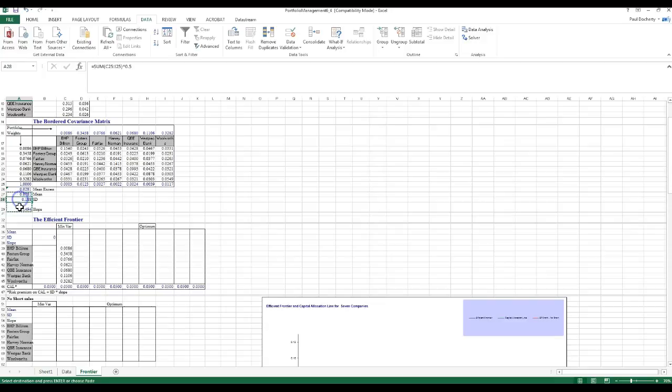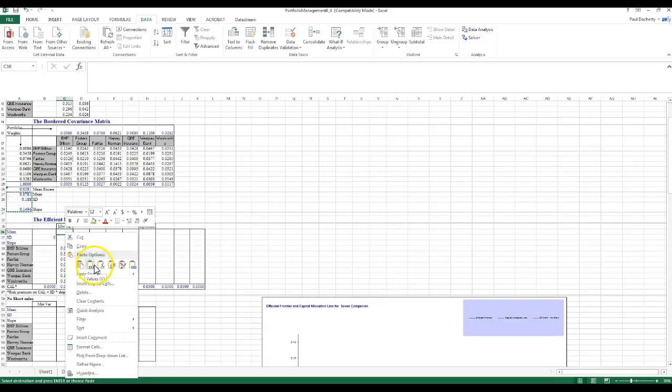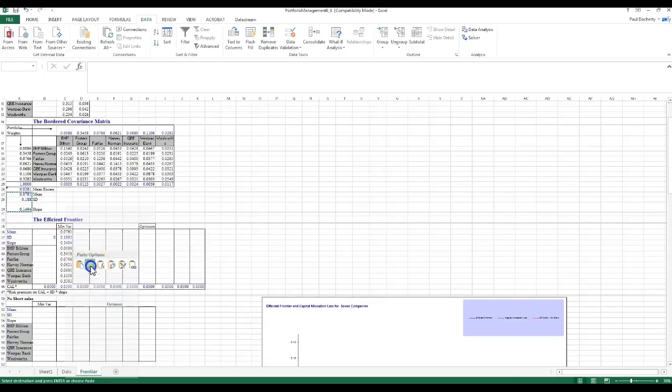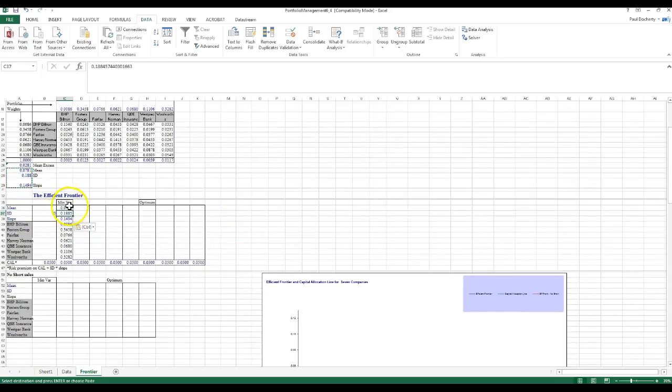Because these are formulas, I can't just paste them, I need to paste special values. If I right click and click on this button here, that will paste them as numbers rather than formulas. You can see the numbers are still the same as what I've got here, but it doesn't have the underlying formula. All I've done is save that. This is just like a workpad where I've saved the parameters for that particular minimum variance portfolio.